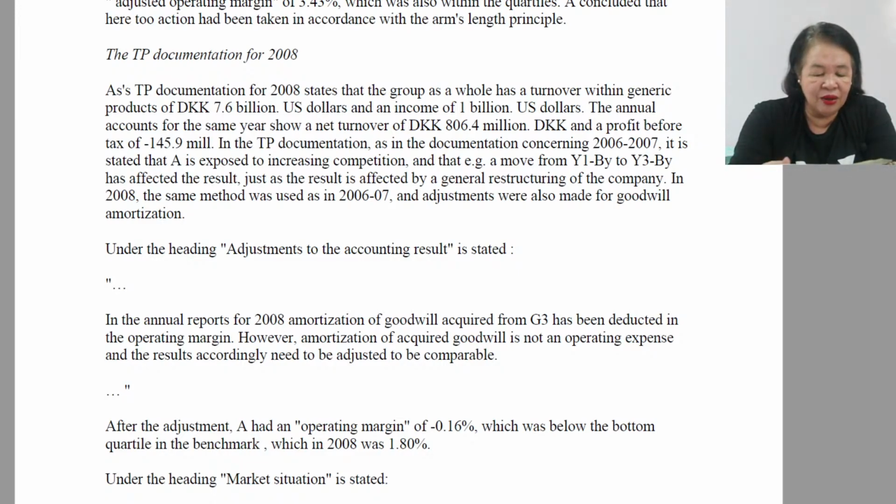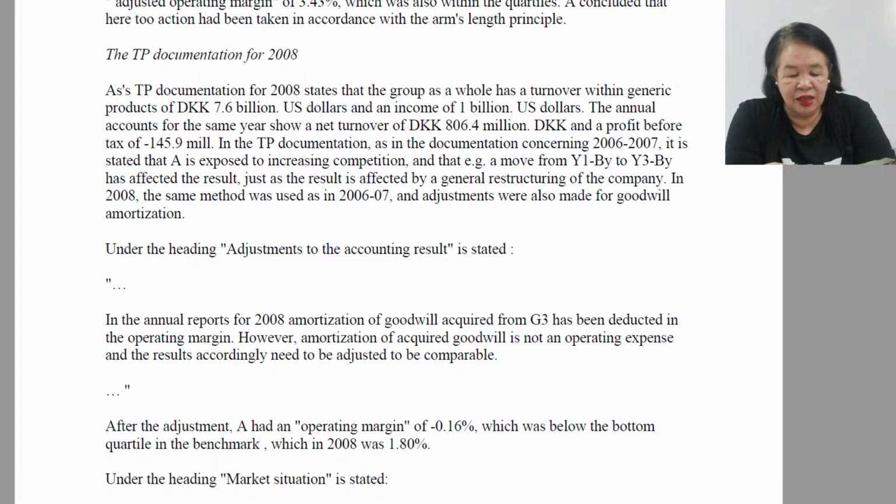The annual accounts for the same year show a net turnover of Danish krone 806.4 million and a profit before tax of 145.9 million. In the transfer pricing documentation, as in the documentation concerning 2006-2007, it is stated that A is exposed to increasing competition.